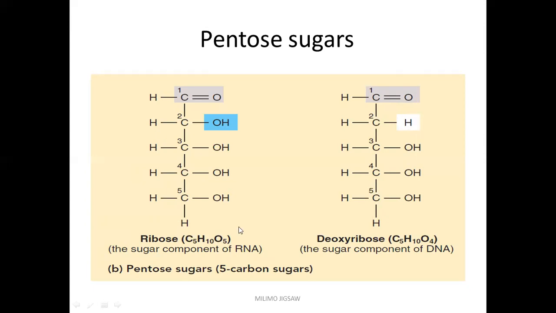For the molecular formula, the ribose sugar has C5H10O5, which is in relation to the general formula of carbohydrates, CH2O n. But the deoxyribose sugar has C5H10O4, so it deviates from that general formula.